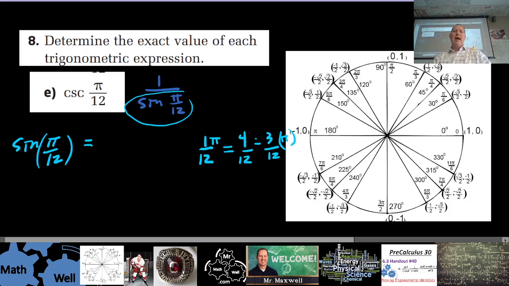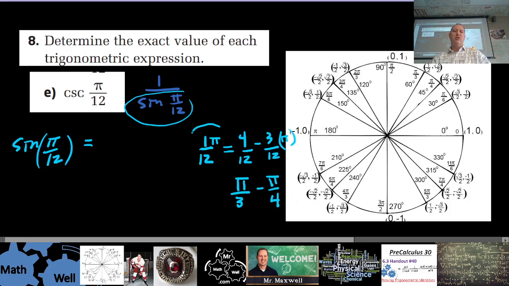So do we have a 4 pi over 12 on our unit circle? Yes, that's actually pi over 3. That's awesome. What about 3 pi over 12? That's actually pi over 4.